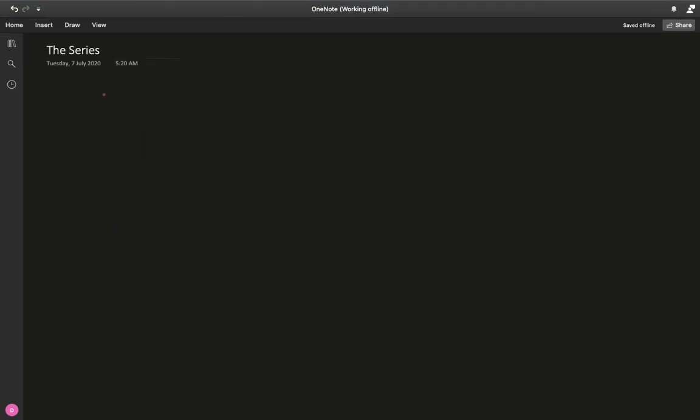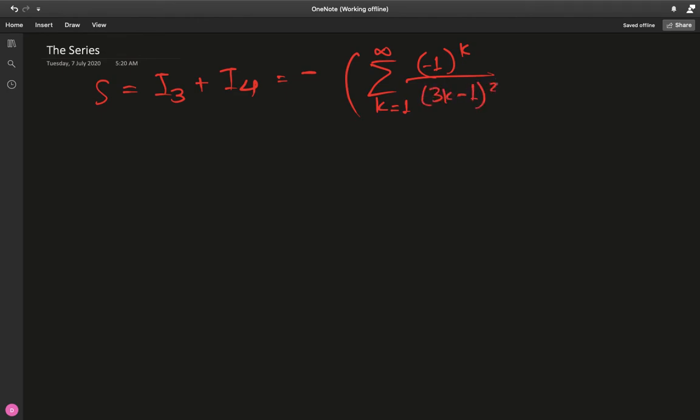Okay, so as I said, here's the part where we're considering the unresolved series. So we add I3 and I4. So we have negative the sum from k equals 1 to infinity of minus 1 to the k over (3k minus 1) entire thing squared, minus the sum from k equals 1 to infinity of minus 1 to the k over (3k minus 2) squared.